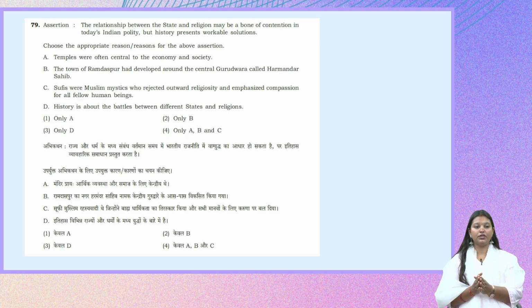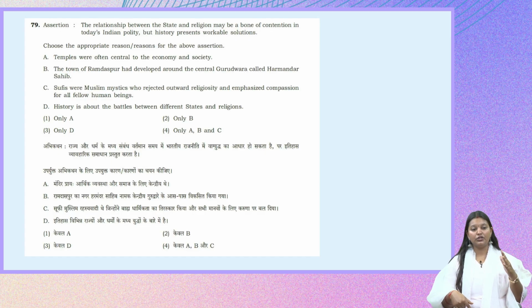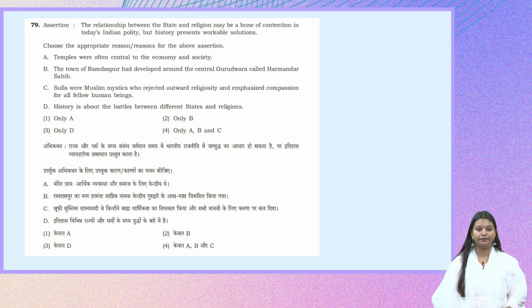The next question is an assertion. The relationship between the state and religion may be a bone of contention in today's Indian polity, but history presents workable solutions. Choose the appropriate reason or reasons for the above assertion. So now they have given us an assertion, which is the statement that I just read, and now we have to tell what is an appropriate reason for this.